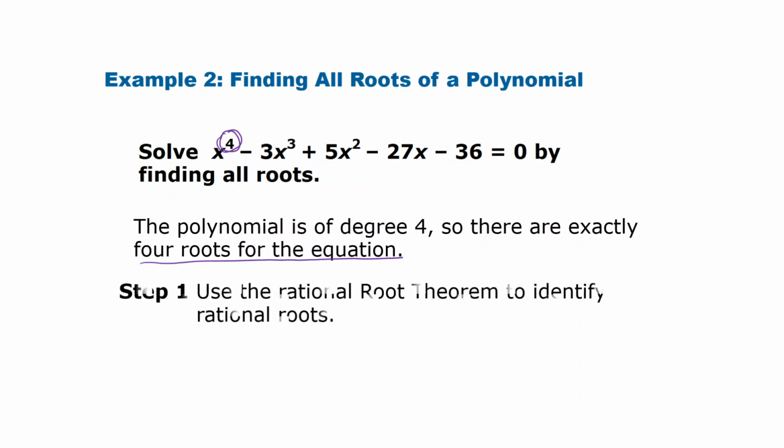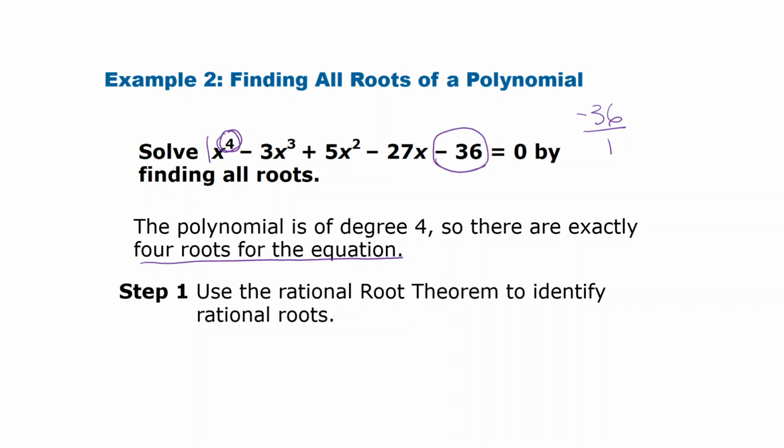All right, the next step, or step 1, is we're going to use the rational root theorem to identify the rational roots. Now remember what the rational root theorem said. It said take this last constant, and we're going to look at all the factors of negative 36, and divide it by all of the factors of 1, fortunately.